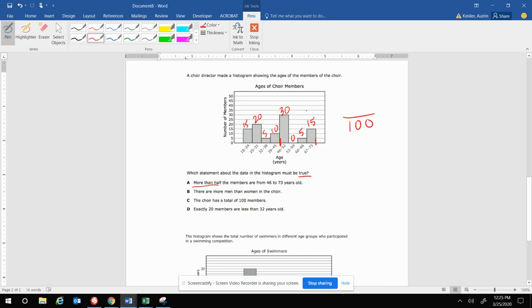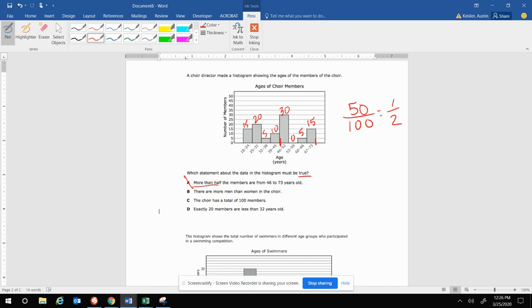So if I add all these numbers up to get the part that I'm looking for, I know that 30 plus 5 is 35, and 35 plus 15 is 50. Well, 50 out of 100 is exactly 1/2, which means this statement cannot be true. This says more than half, so that doesn't work.